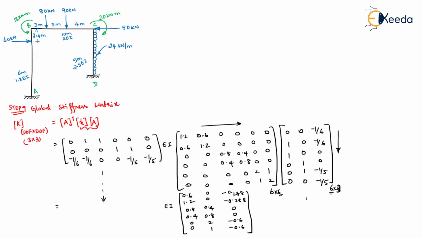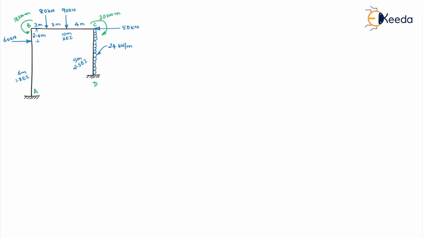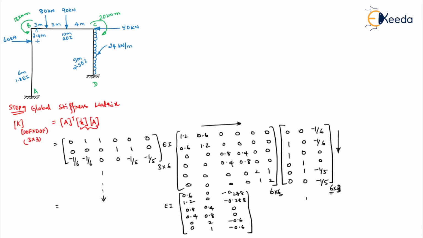If you observe, this is a 3 into 6 matrix, whereas this is a 6 into 3 matrix. This 6 and 6 are the same, so you will get a 3 into 3 matrix. That is what our K matrix is. So I'm writing it here. Your K matrix is EI into 3 into 3 values.